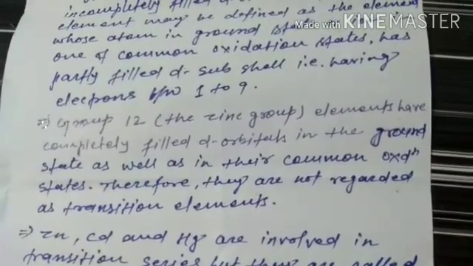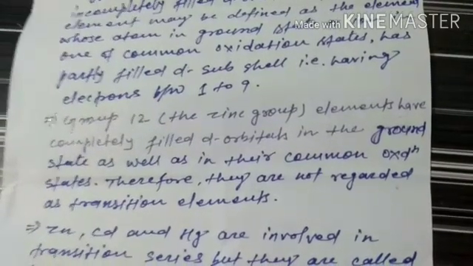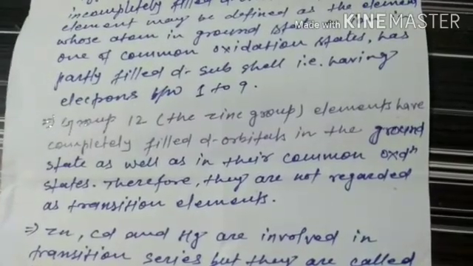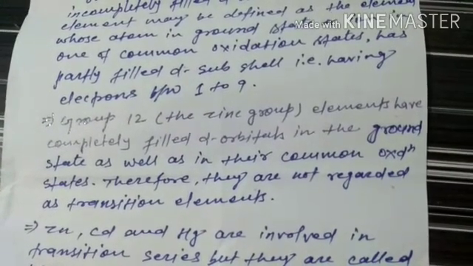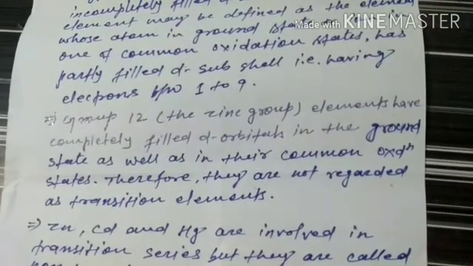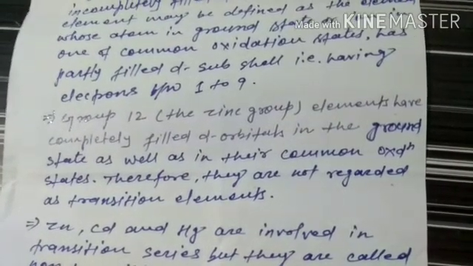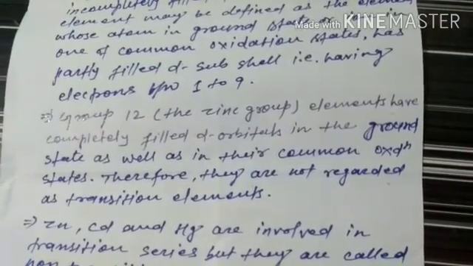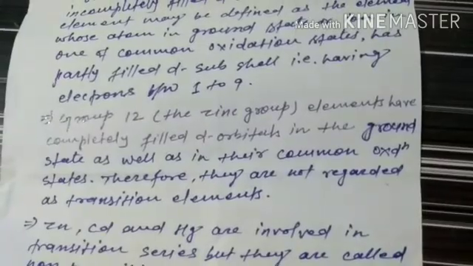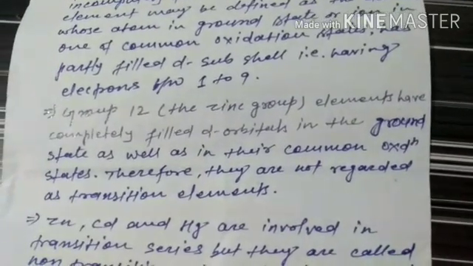In this group all the elements have completely filled d orbitals in ground state as well as their common oxidation states. That is why they are regarded as non-transition elements.